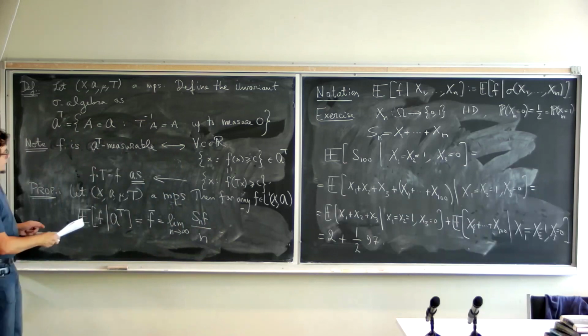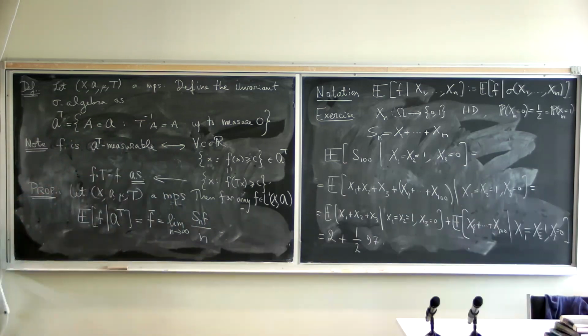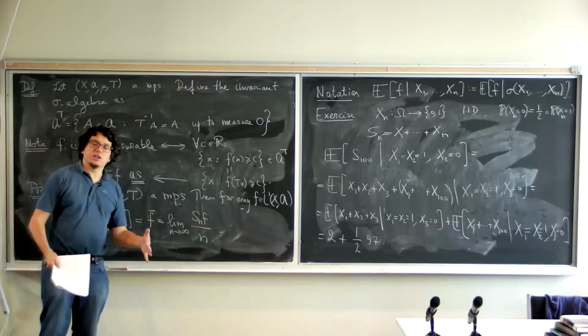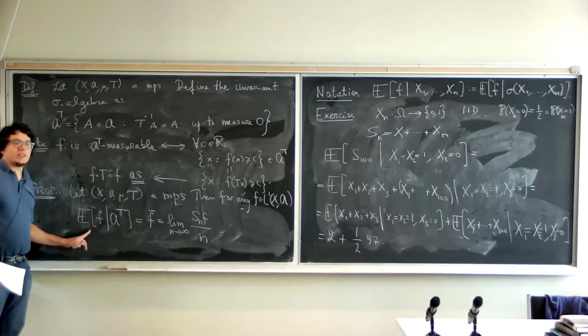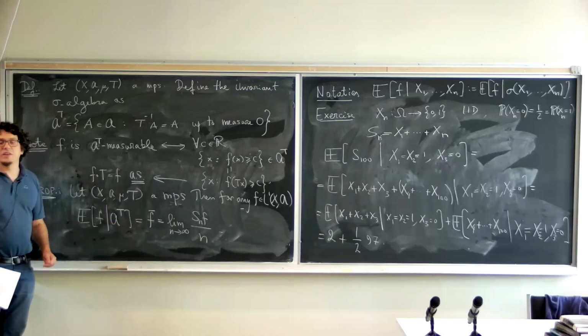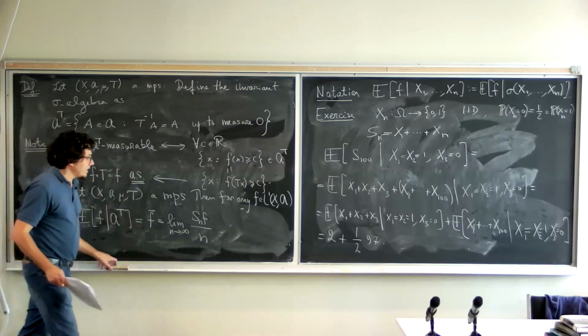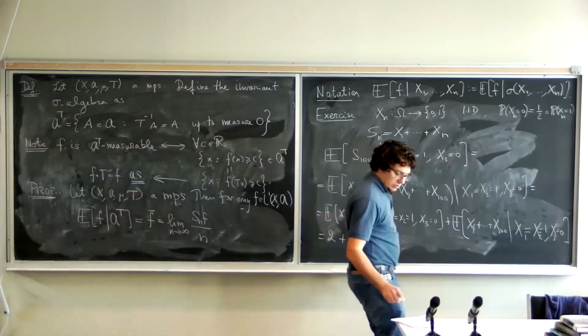We also saw that the operation f bar is a projection from measurable functions to invariant functions. And it's also a projection in the following sense, that it's the conditional expectation of f with respect to the invariant sigma algebra. So everything kind of checks out, which I think is a beautiful thing.